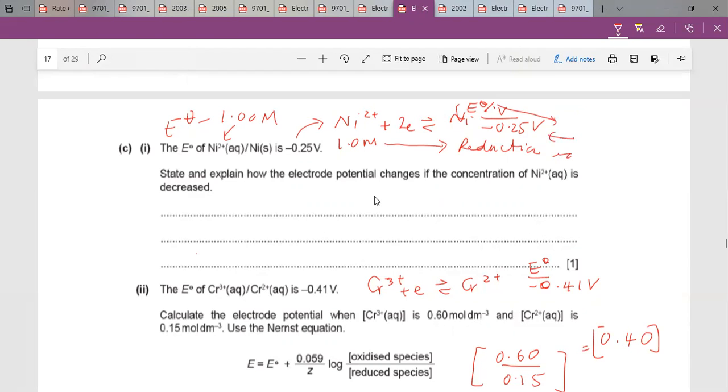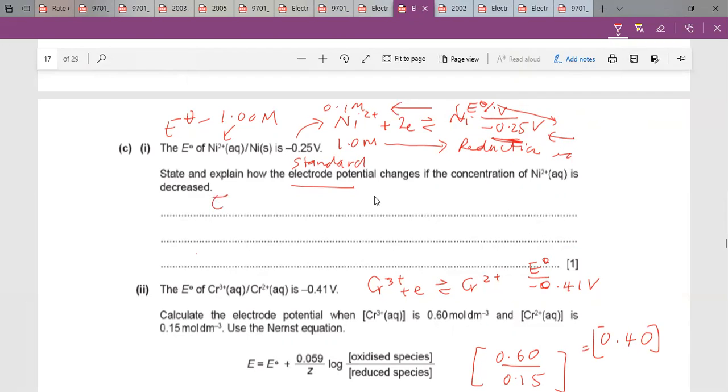All right. So state and explain how the electric potential, this is actually your standard potential, changes if the concentration is decreased. So basically, by Le Chatelier's principle, now it is 1 molar here. This is the value here. Now, if it's 0.1 molar, of course, you're going to shift backwards, okay? Shifting backwards means going more negative.